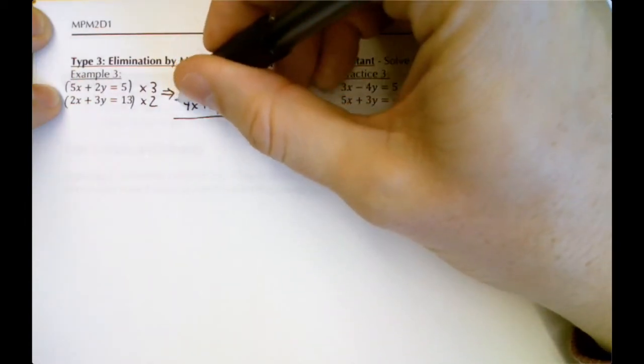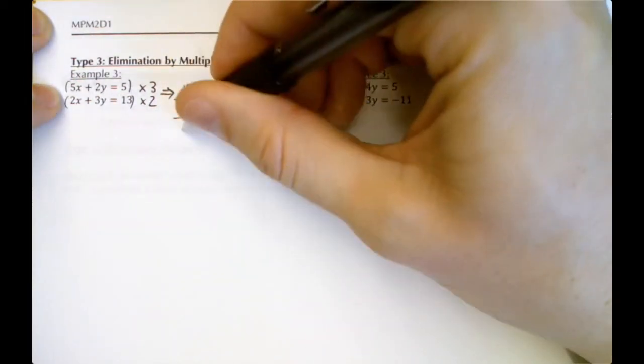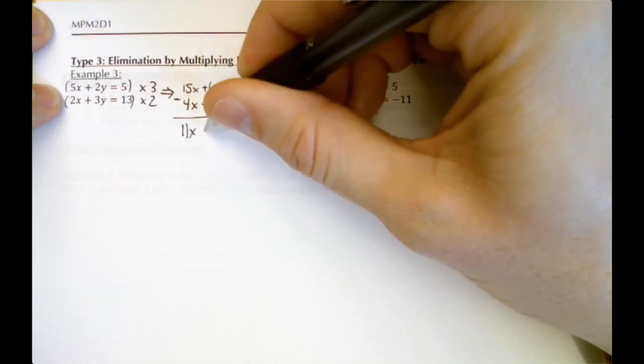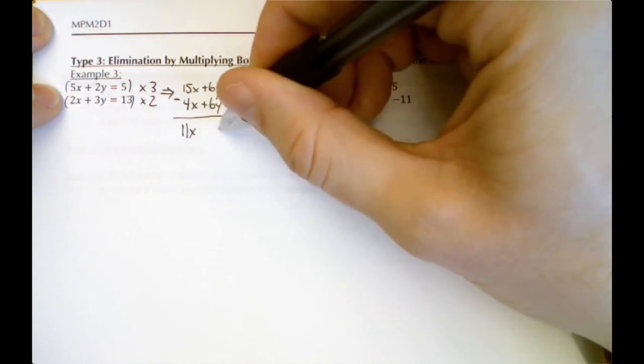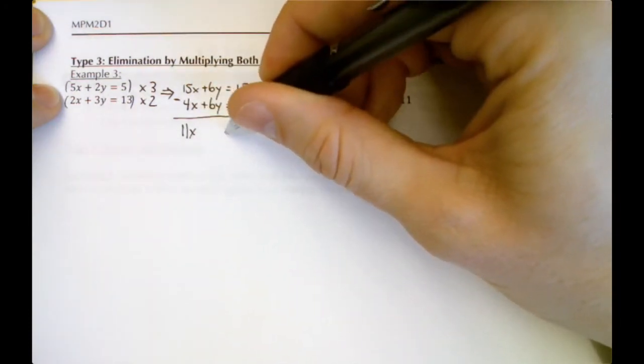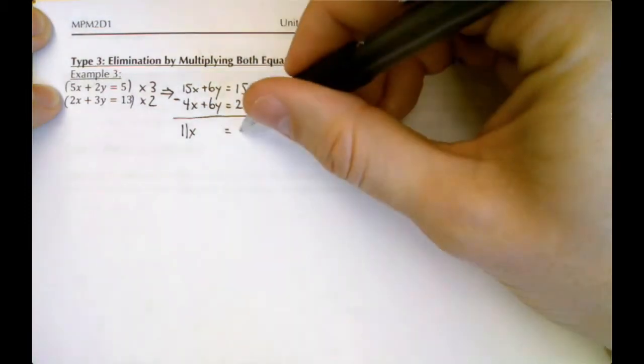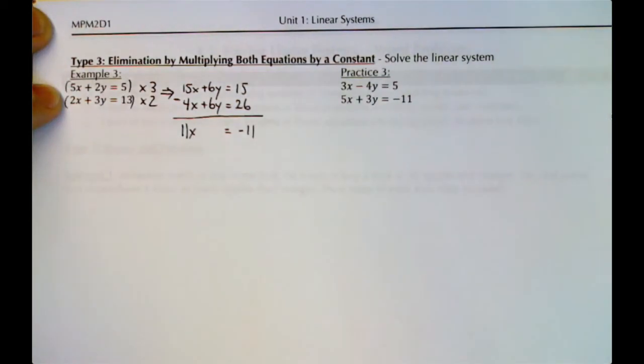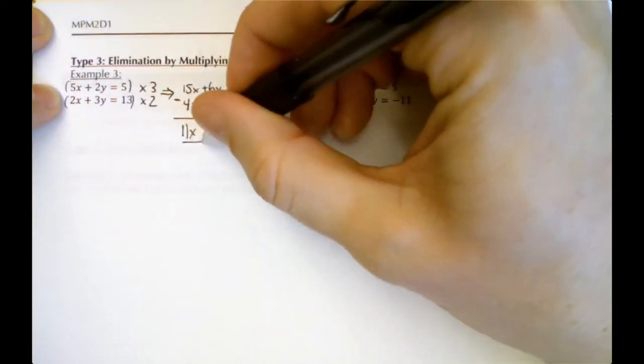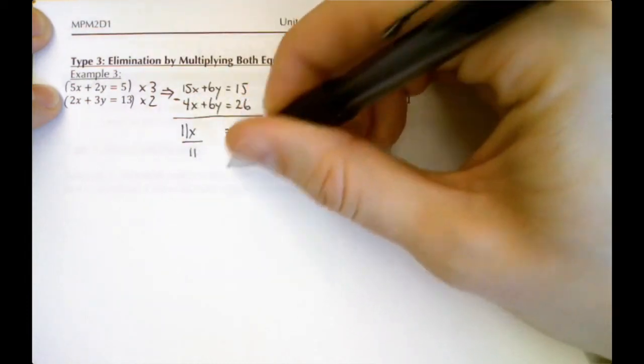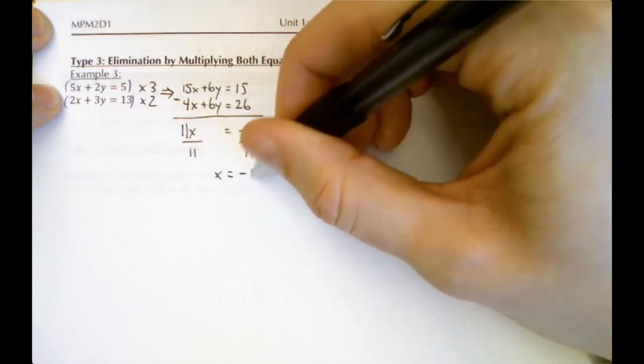And if we're going to subtract down the columns to eliminate our y's, because the numbers are the same, we end up with 11x plus 0. I'm going to stop writing the 0y because we don't need to, because it's eliminated. 15 minus 26 is negative 11. And now we're just solving 11x equals negative 11. We can do that by dividing both sides by 11, and we get x equals negative 1.